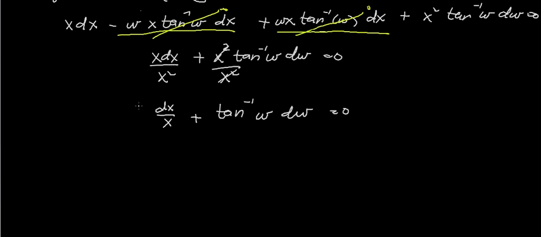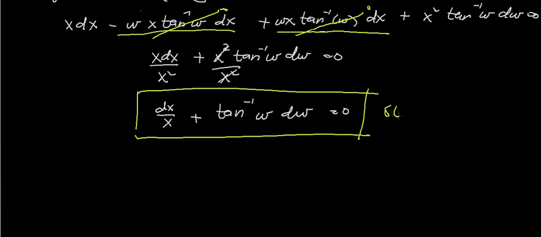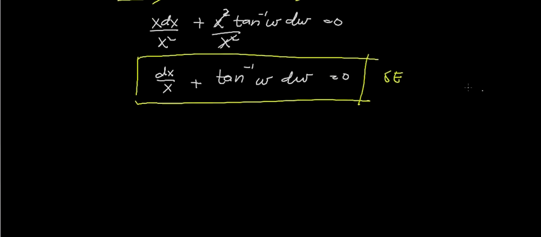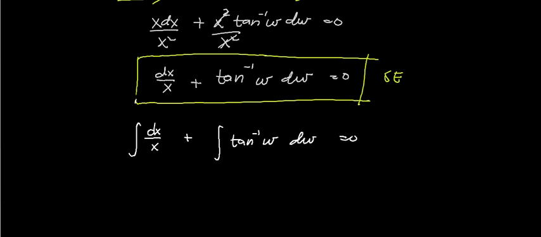And from here, we now have a separable equation. As we remember, our next step in this case is to integrate both terms. So we have the integral of dx over x plus the integral of arctan of w dw is equal to 0.